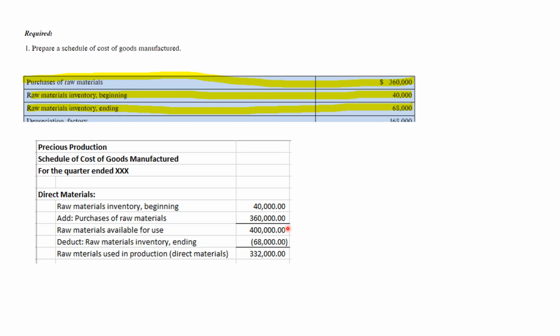So I had 400K available. At the end of the quarter, we only had 68,000 left. So in total, the raw materials we used were 332,000. And now this amount, this raw materials used in production, will become our direct materials for the next part of our schedules, which is the total cost of manufacturing.